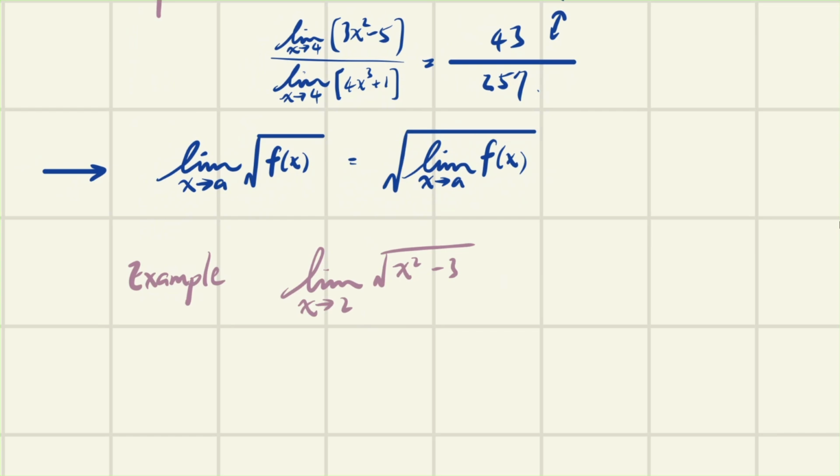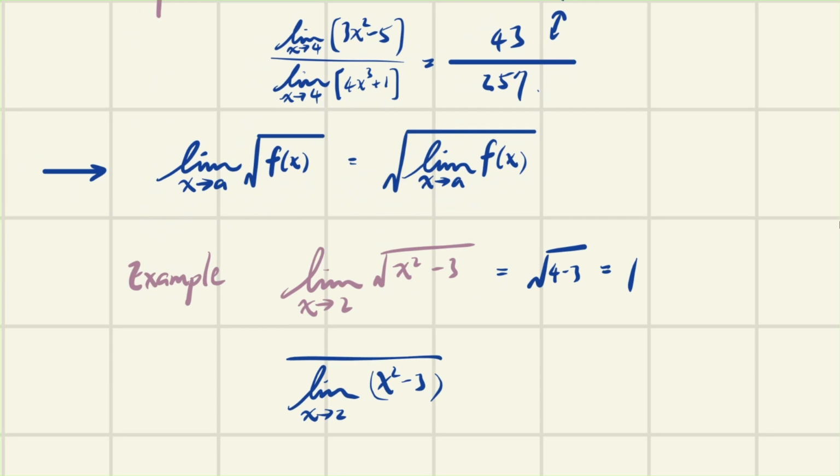We can just plug 2 inside this function. So we get the square root of 4 minus 3, which is the square root of 1, which is 1. Or we can take the square root later. So it's x squared minus 3, then we take the square root later. When we plug 2 in, 2 squared is 4, 4 minus 3 is 1, so the square root of 1 is the same thing, 1.